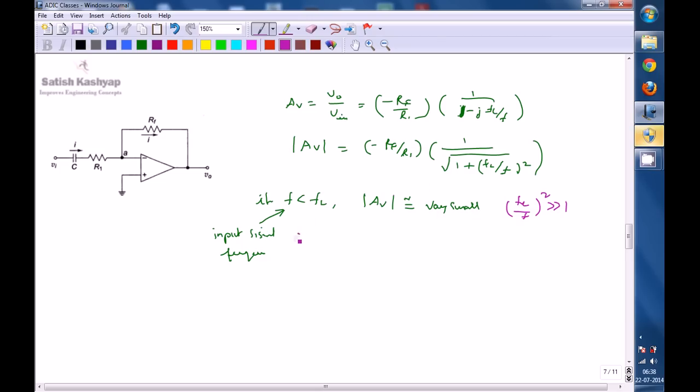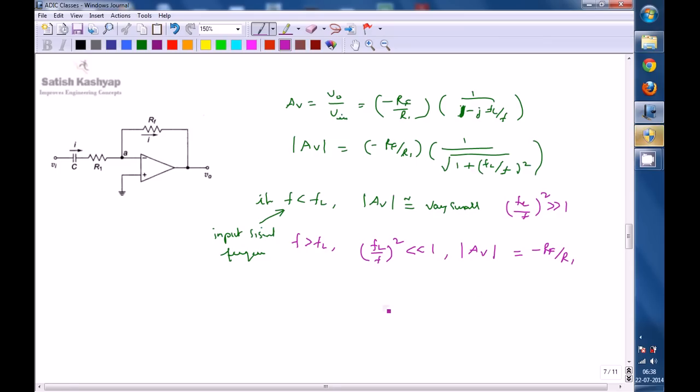And if f is greater than fL, then fL by f whole square is far less than 1, so that term can be neglected. Then you get the maximum gain as minus Rf by R1.